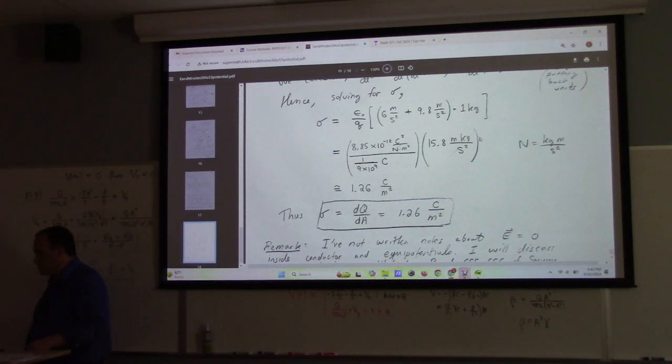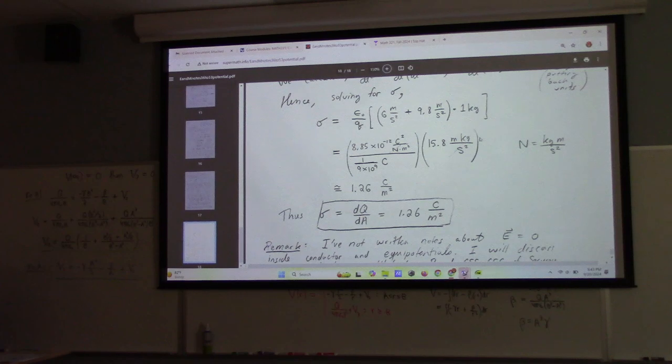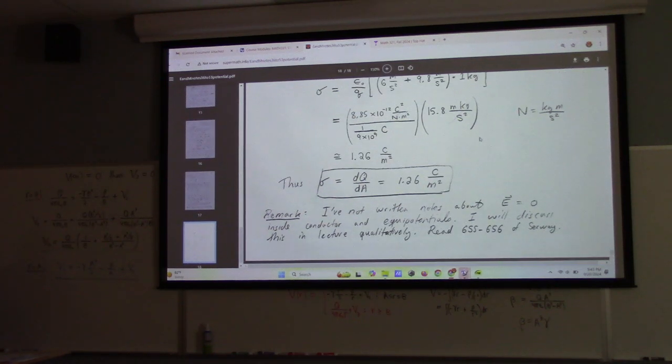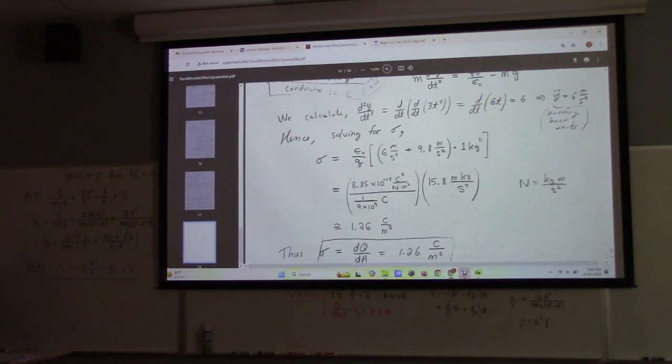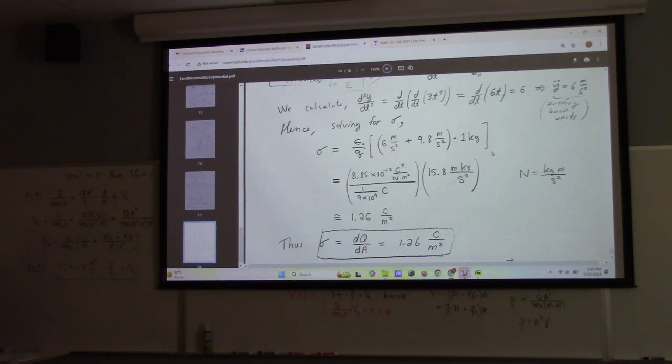I've not written notes about electric field equal to 0. Read in the book. The book does have a nice discussion of how to think about voltage inside a conductor. In a nutshell, the voltage inside a conductor has to be constant, because if it wasn't constant, that would mean that the gradient is non-zero.